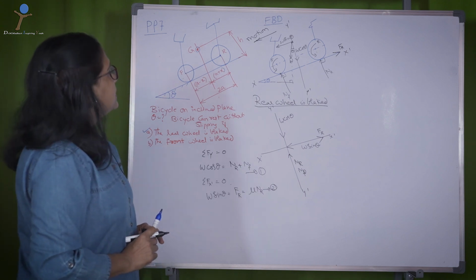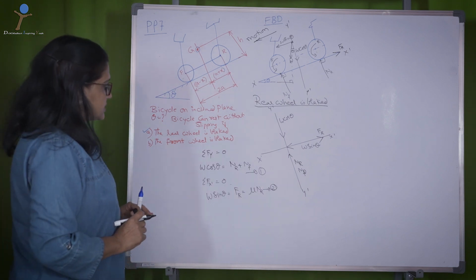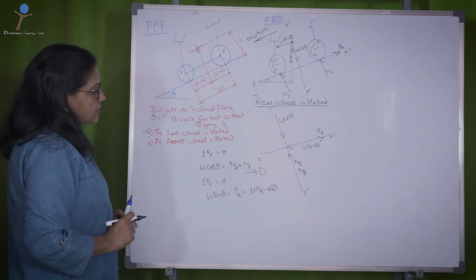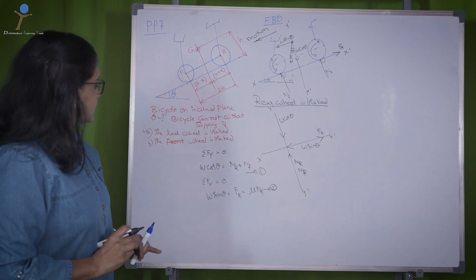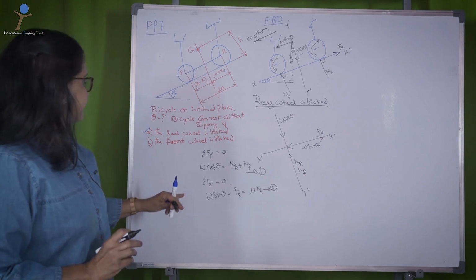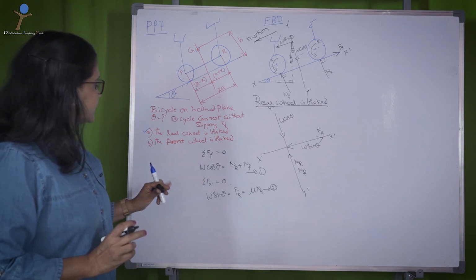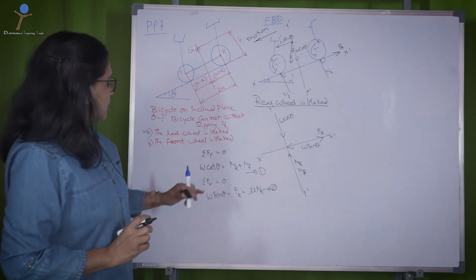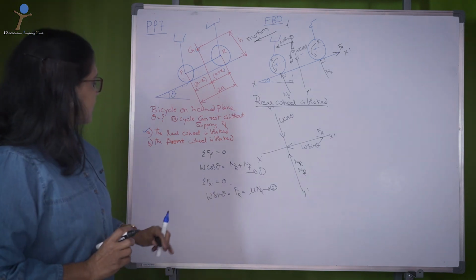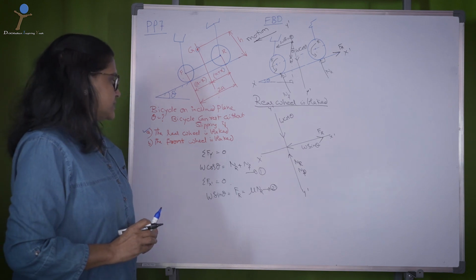Now, for us the unknowns here are theta, which is one unknown, and W is also an unknown, as the weight of the vehicle is not given to you. NR and NF are also unknowns.